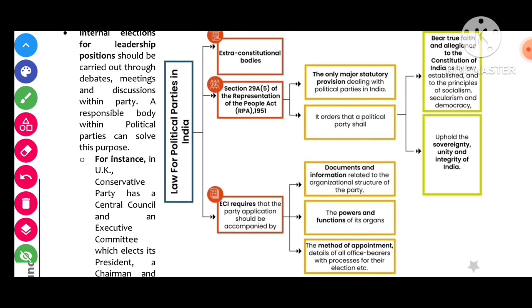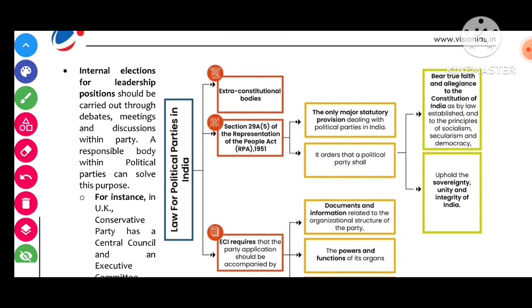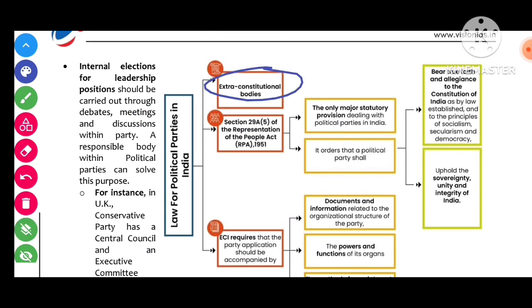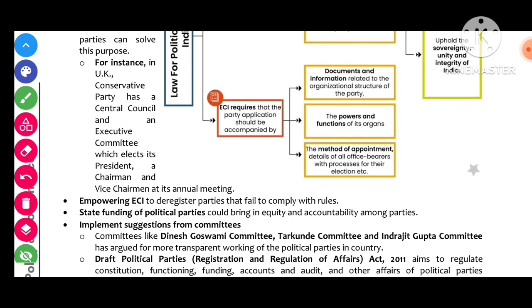Okay, here is the process of law for political parties in India, that is, extra-constitutional bodies: Section 29A of RPA 1951, and the ECI requires that the party application should be accompanied by these process documents and information on powers and functions of its organs. So remember this.